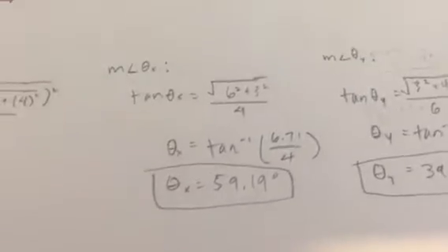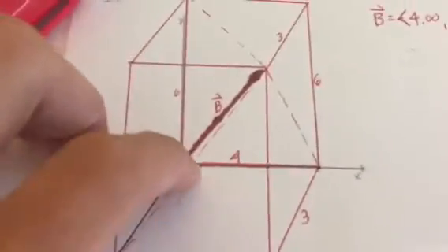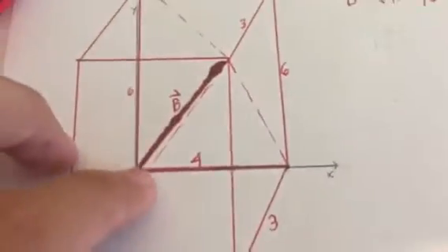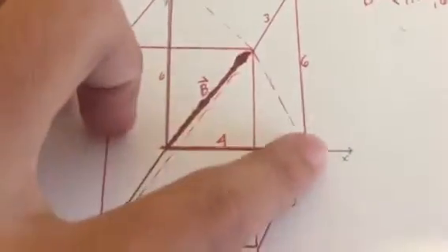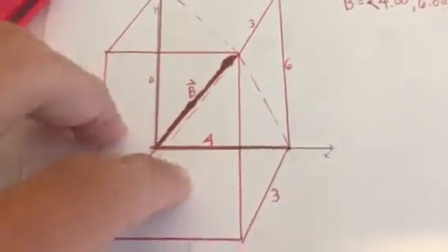Now we're looking for the measure of the angle that vector B forms with each of the axes. So for the x-axis, measure angle B, we can also form a right triangle here with this diagonal and this x component.